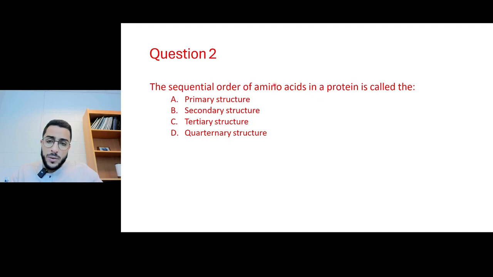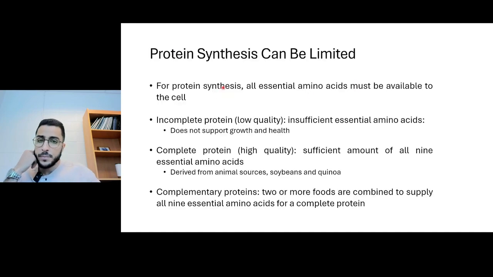The sequential order of amino acids in protein is called the primary structure. This is just basics. Now, when you're making a protein, you need the protein to be completed. You cannot have a half protein and still have function, because proteins are associated with function most of the time.